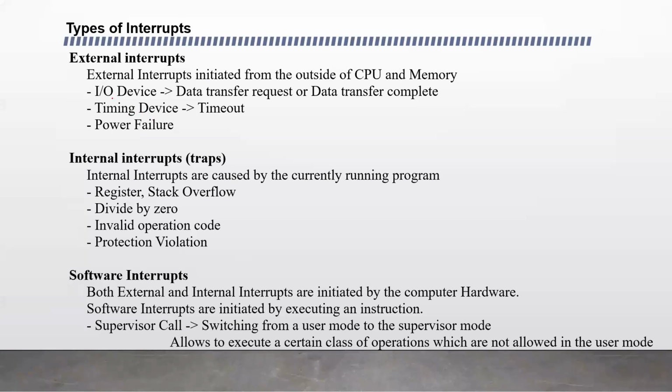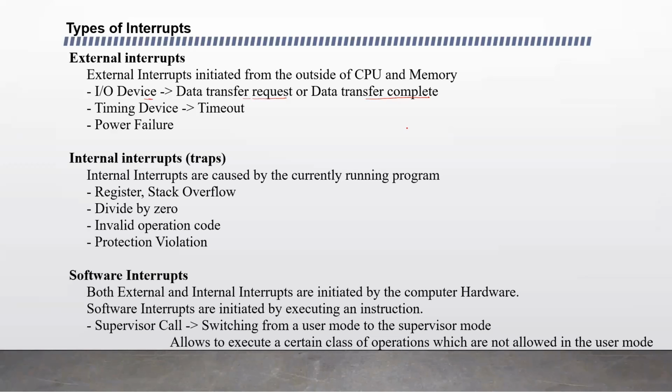Okay, so for example, the interrupt that is initiated by the IO device. It may be a data transfer request or a data transfer complete request. When there is data available in the input register, the user has entered some data through the input device. The CPU is executing some program, and there is input data available in the input register.